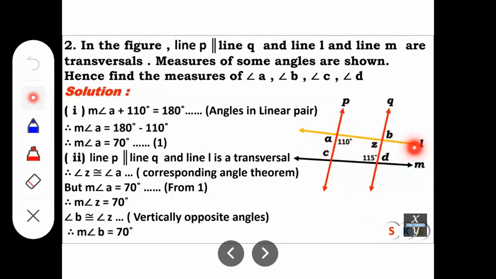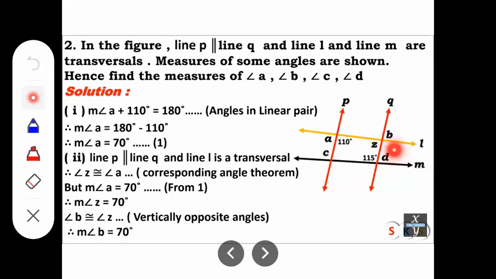Now we have to find the measurement of angle A, angle B, angle C, and angle D. Those angles are mentioned in the figure.